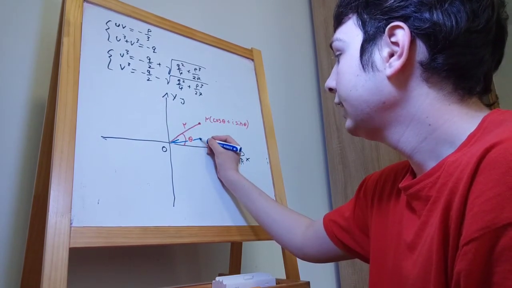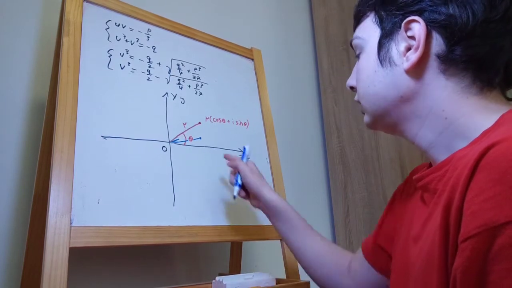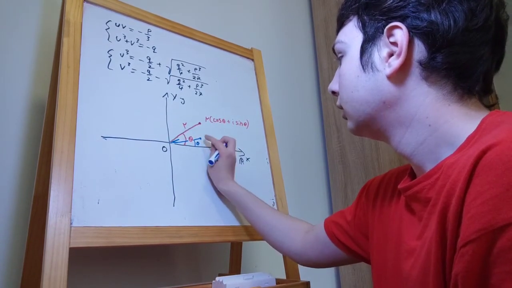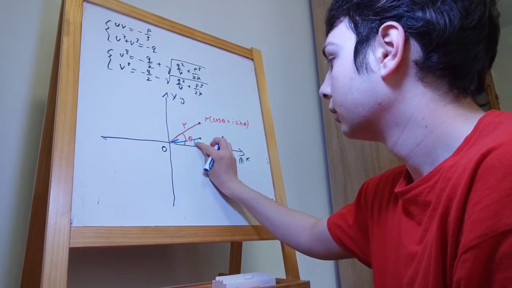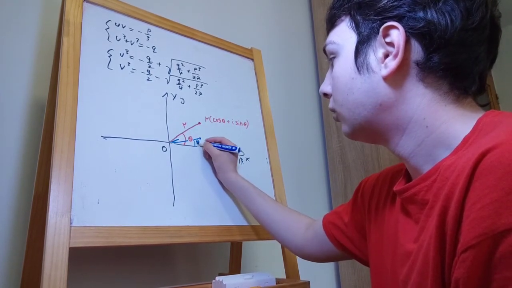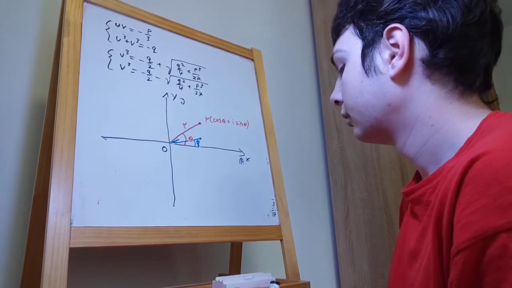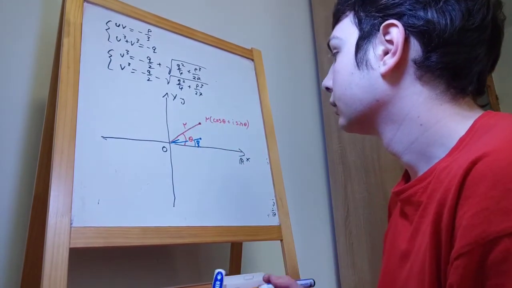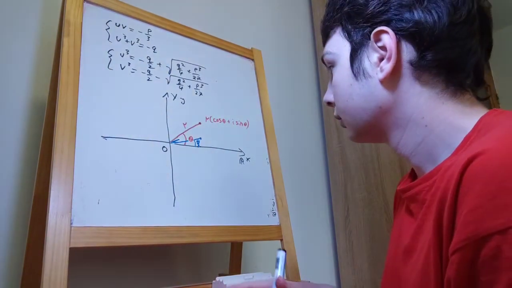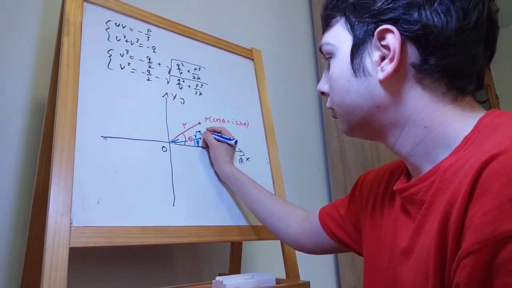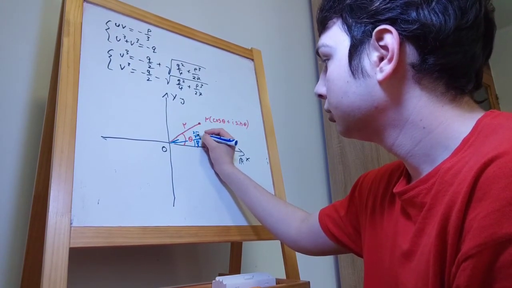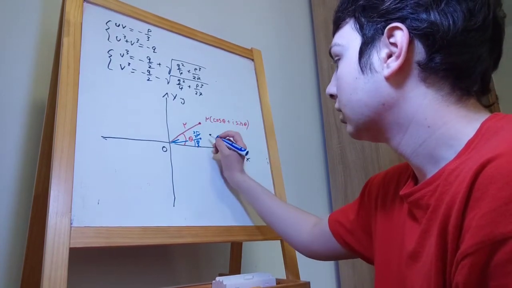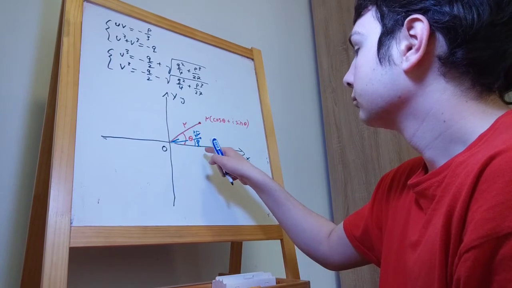Say it's right here, so this point has an angle of theta over 3 and the modulus cube root of r, absolute value, radius, whatever you want to call it.